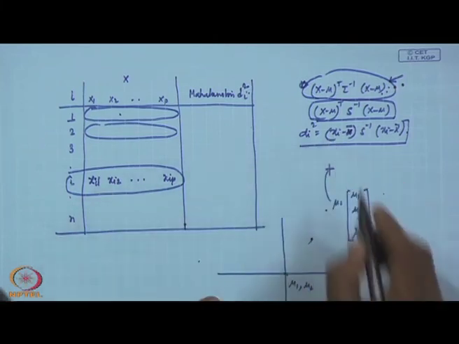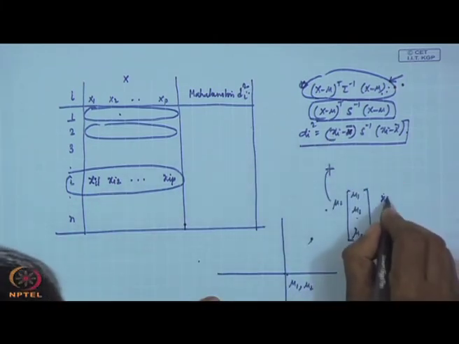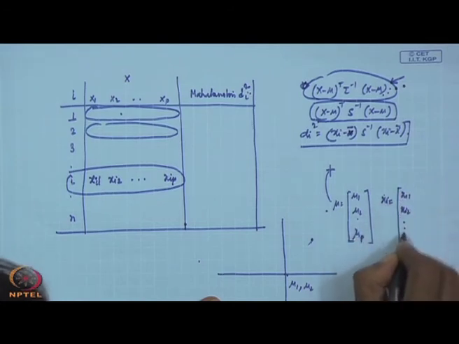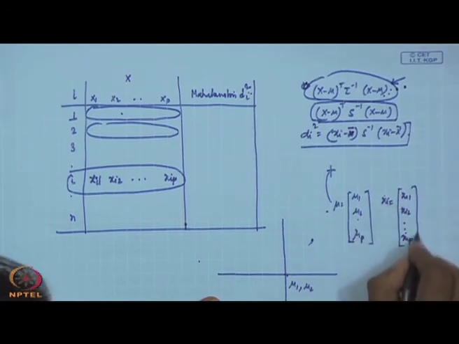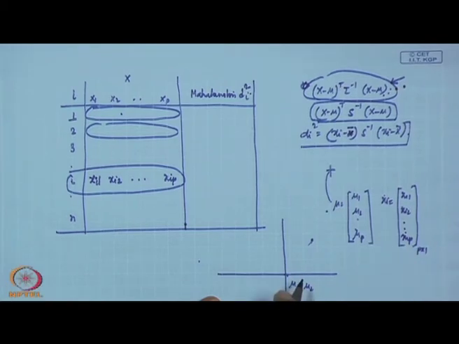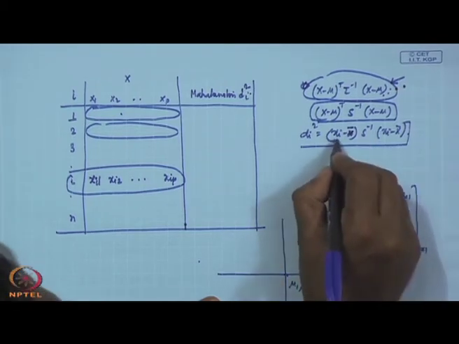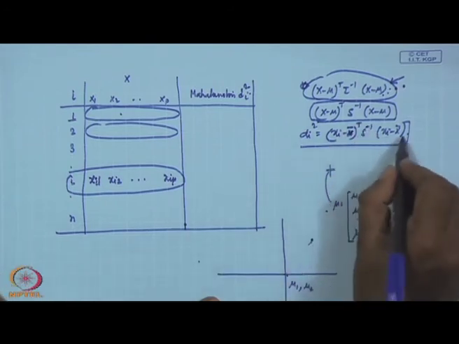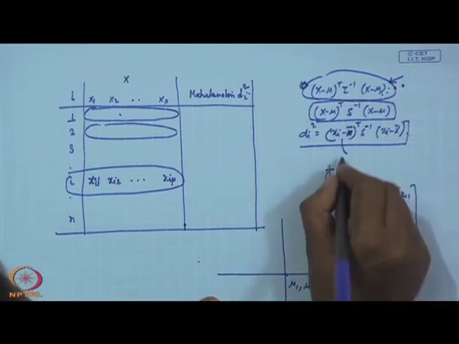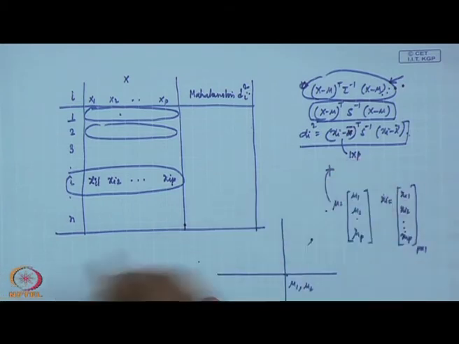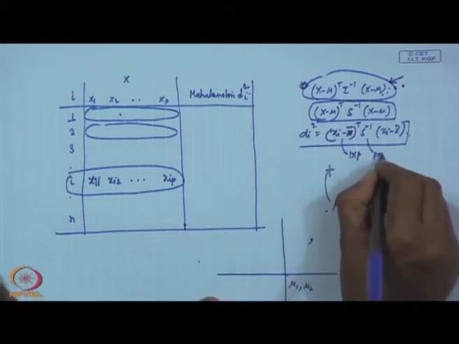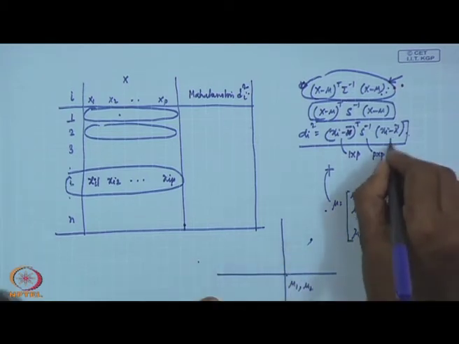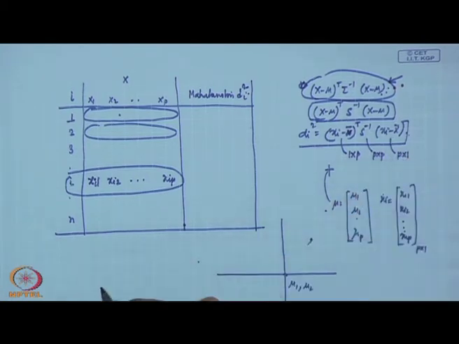Now, x i is what? x i is x i 1, x i 2, x i p, p cross 1. So, x i minus x bar transpose S inverse x i minus x bar, what will happen? This is 1 cross p, S inverse will be p cross p, and this one will be p cross 1.